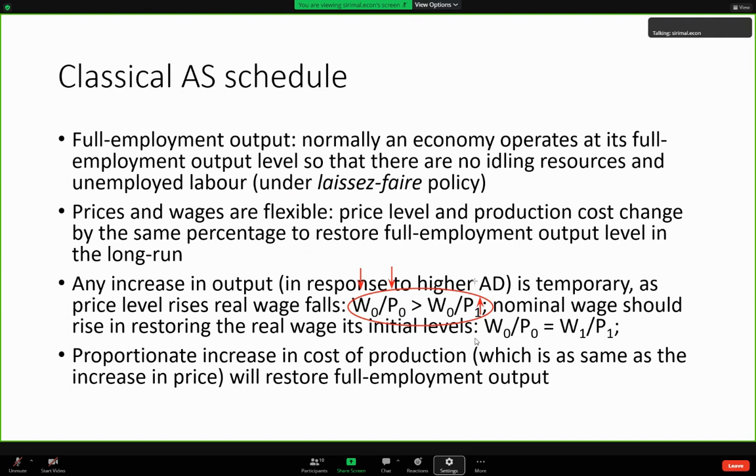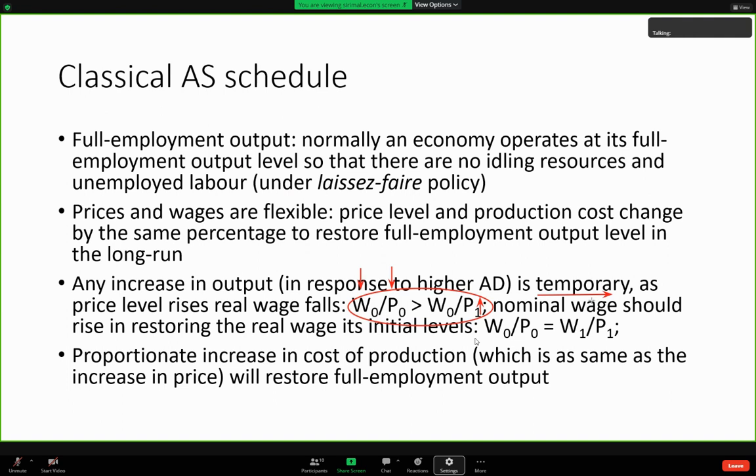What happened now? The new real wage level is lower than the previous. But this is a short run phenomenon. This is not going to be a long run outcome of an increase in aggregate demand. That's what the classicals say, because they say anything that happens can be temporary.